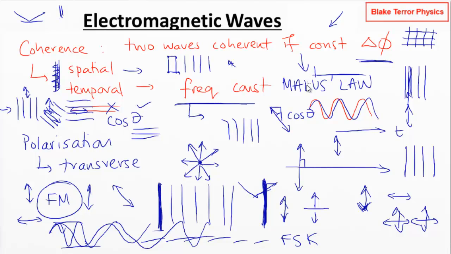And this is what's going on with Malus's law, because we can see that just from looking at the amplitude of the oscillation. Our amplitude when we pass through a polarizing filter is going to go from initial amplitude A to A cos theta.